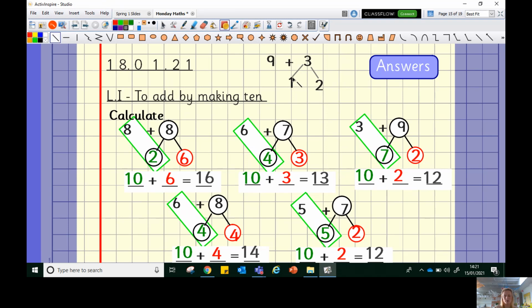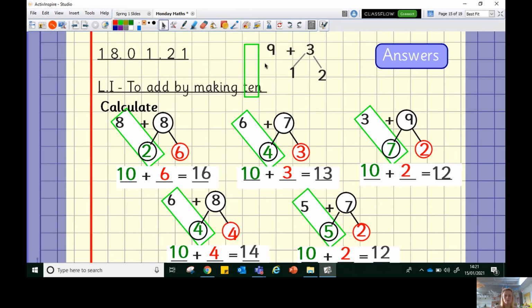You would partition 3 into 1 and 2, creating your 10 here, like so. Okay, creating your 10 like that. And then your number sentence would be same as here, 10 plus 2 equals 12. It would just make your partitioning a bit easier.